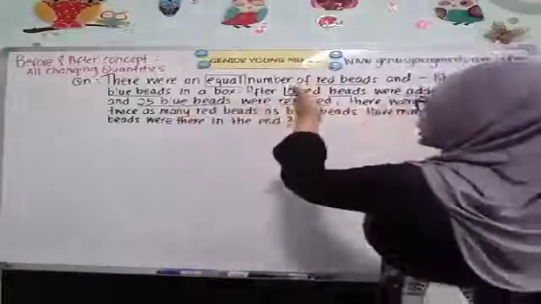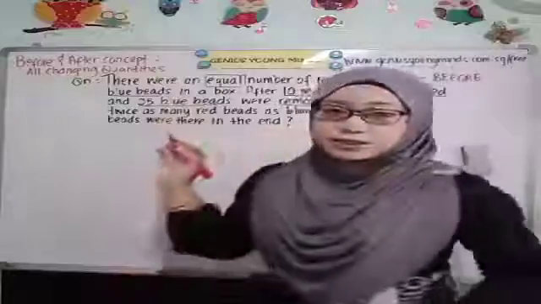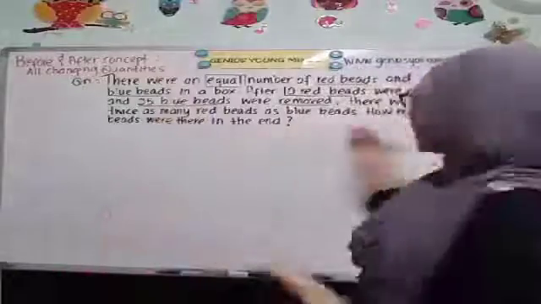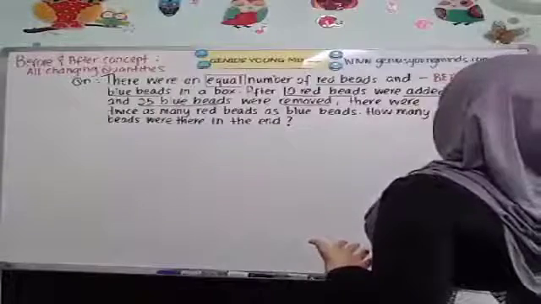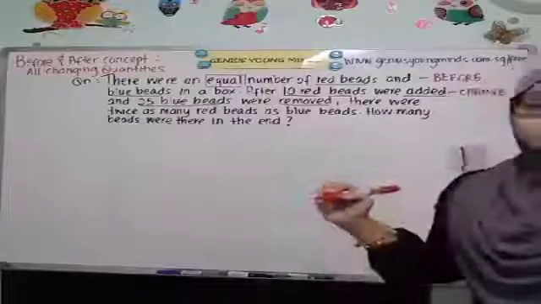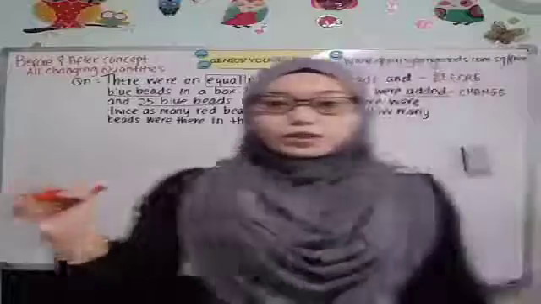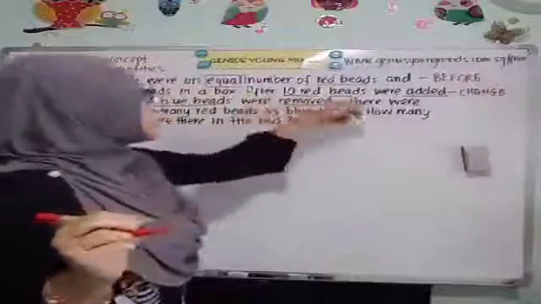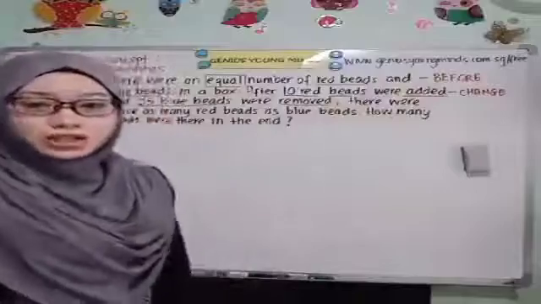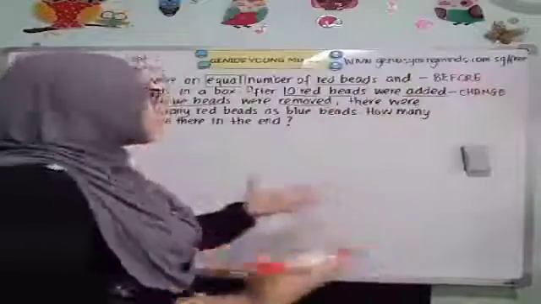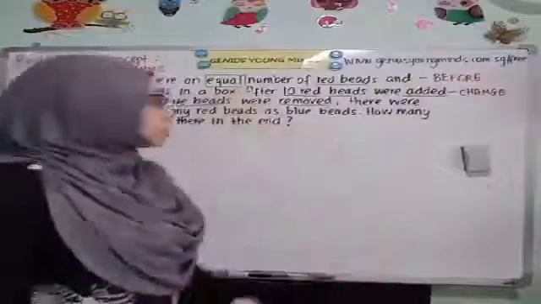Something happened to the red beads, something happened to the blue beads. So I can say these are the changes. Change. I'm going to put that change like that. Okay? Alright, so if you cannot see, this is the change. The 10 red beads added and the 25 blue beads removed, these are the changes. Both things, in this case, the red beads and the blue beads change.